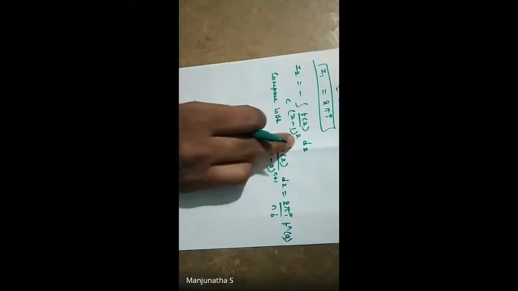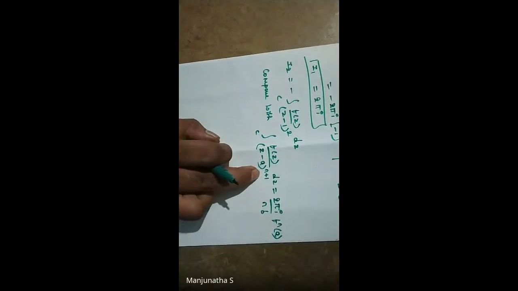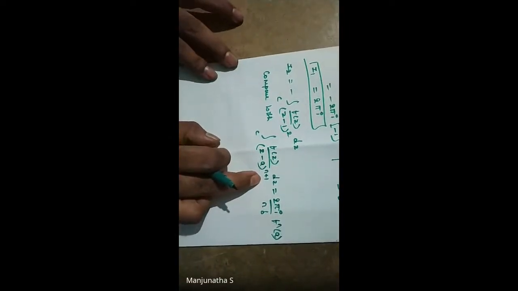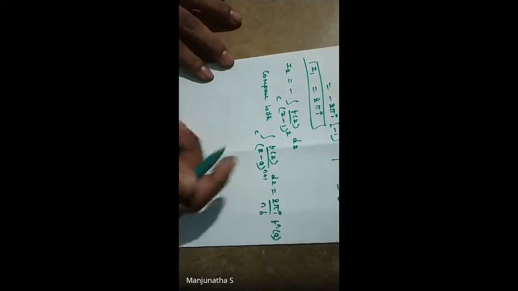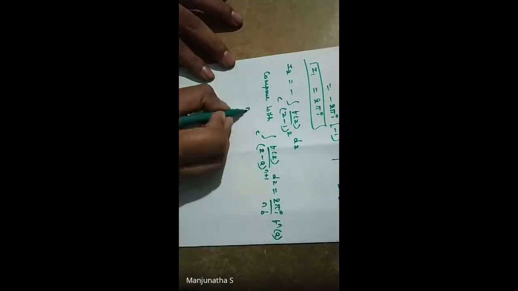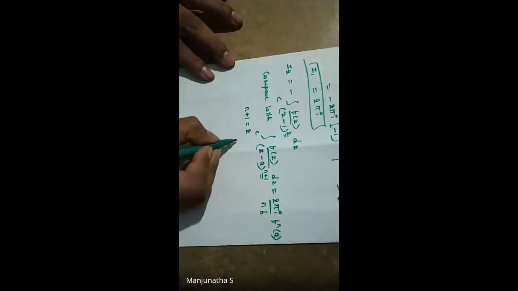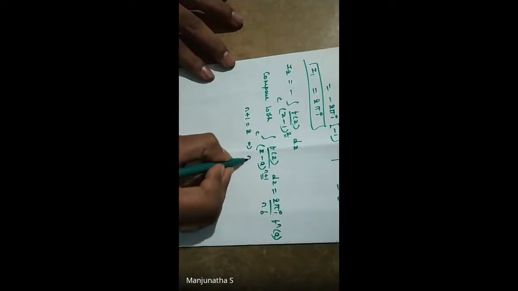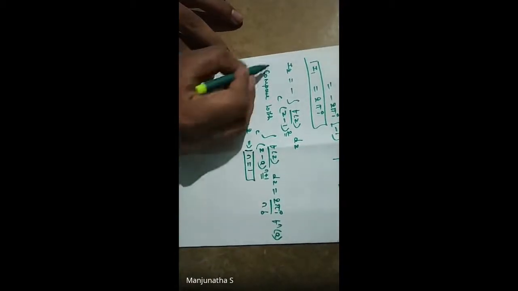See, why we need to compare is because here the power is more than 1. When the power is more than 1, this we need to take. So when you compare, in the place of n plus 1 we have 2. So this implies n is equal to 2 minus 1, which is 1.